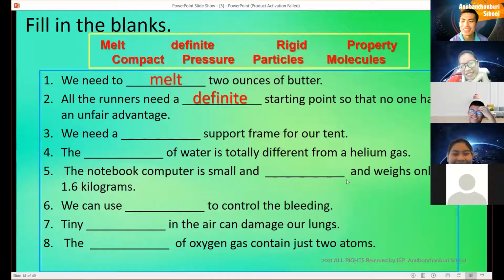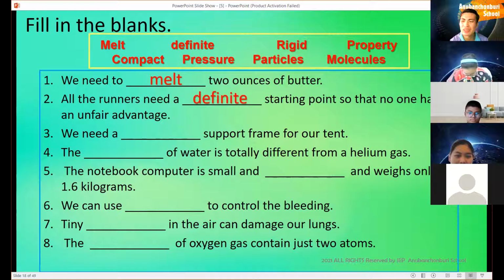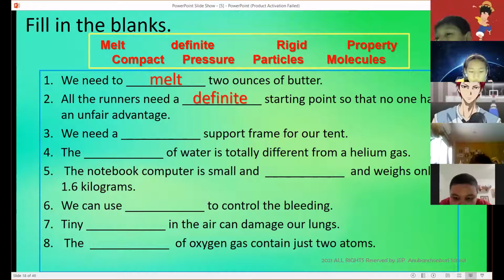Right? So it should be someone else to answer. Parinya, Chuntida, or yeah, I think Parinya has an answer. What's your answer, sir? Rigid. Very good. Perfect. We need a rigid support frame for our tent.